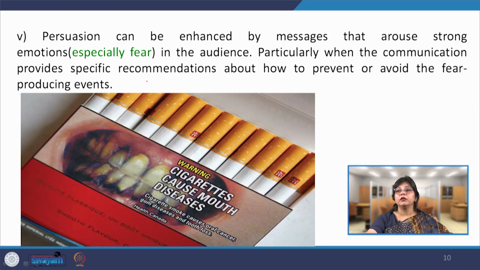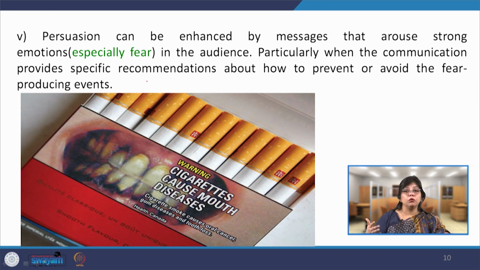The other is that persuasion can also be based on emotions. It can be about fear, it can be about positive or negative emotions. Suppose any message arouses strong emotions in the form of fear; then to avoid that fear, the person may not change his or her attitude. That also happens if someone tries to create fear about a particular product, for example smoking.